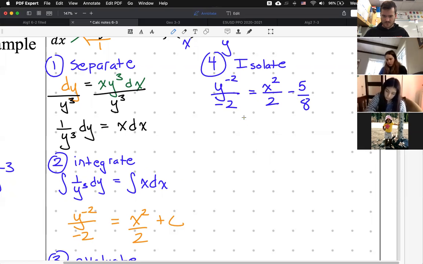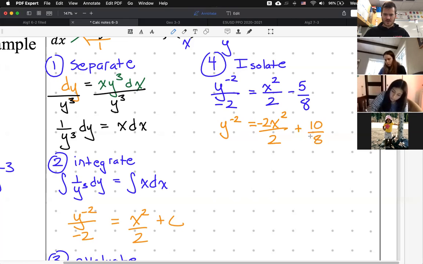Okay, what do you get after that? y to the negative 2 equals x squared. Would it be negative 2x squared over 2? Exactly, yep. Minus, or would it be plus 10/8? Plus 10/8, yeah. And you can simplify that, right?